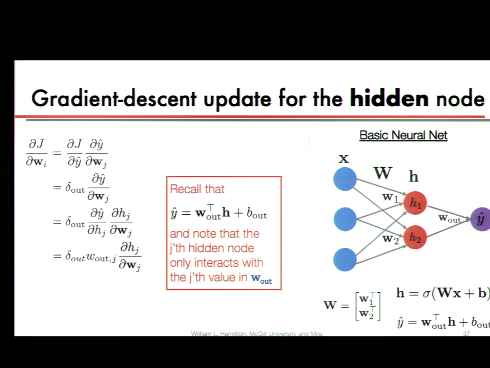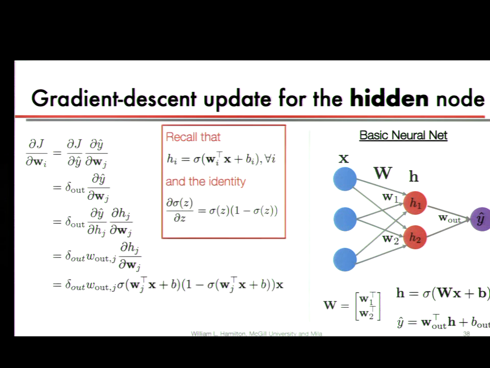So that's what we have here. And then we end up finally with the partial derivative of our hidden output node with respect to our weights at the hidden node. And this is just the same as doing the derivative for logistic regression.